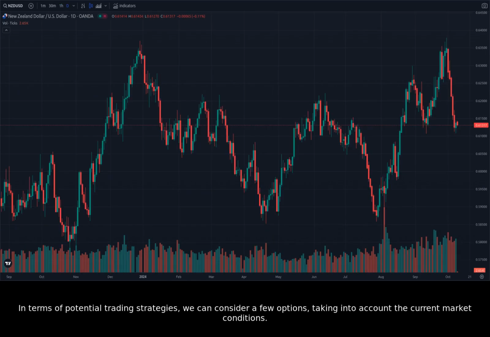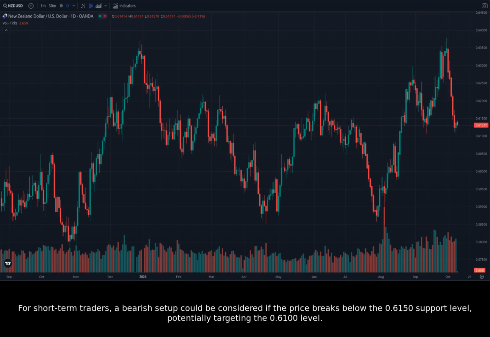In terms of potential trading strategies, we can consider a few options, taking into account the current market conditions. For short-term traders, a bearish setup could be considered if the price breaks below the 0.6150 support level, potentially targeting the 0.6100 level.